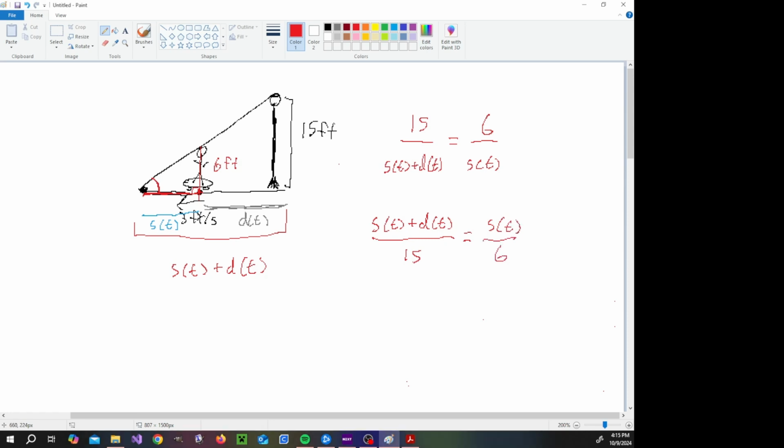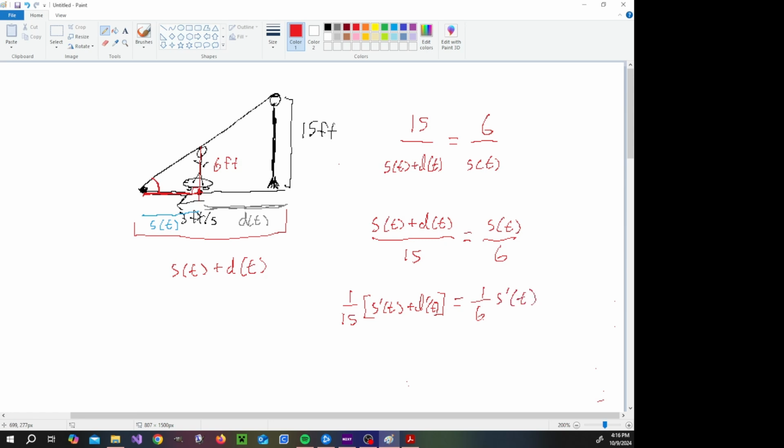Now if I take the derivative of each side, we're dividing by 15, so that just hangs out. On the right-hand side, we're dividing by 6, so that hangs out too. The derivative of s plus d of t splits up across addition, so this is s prime of t plus d prime of t, and this is equal to 1/6 times the derivative of s of t, which is just s prime of t.